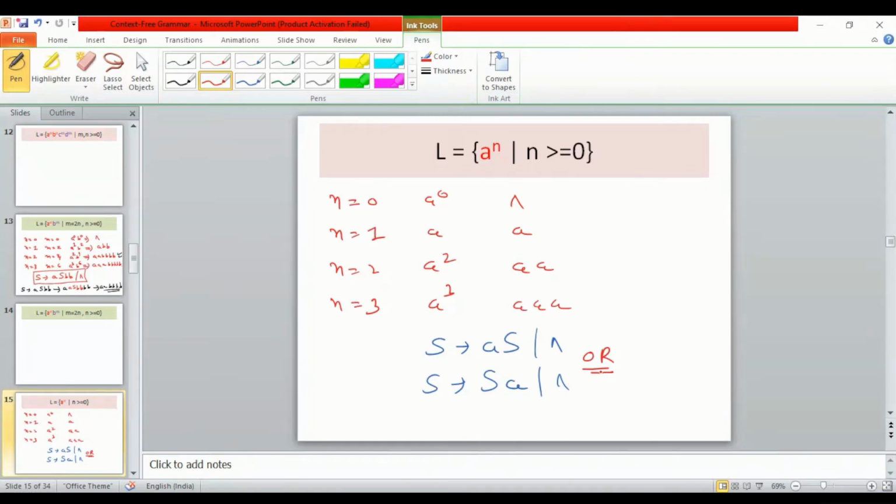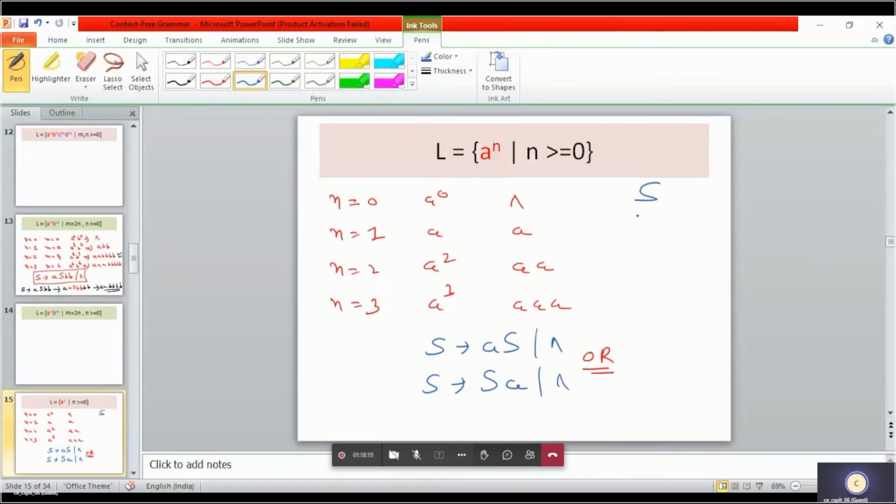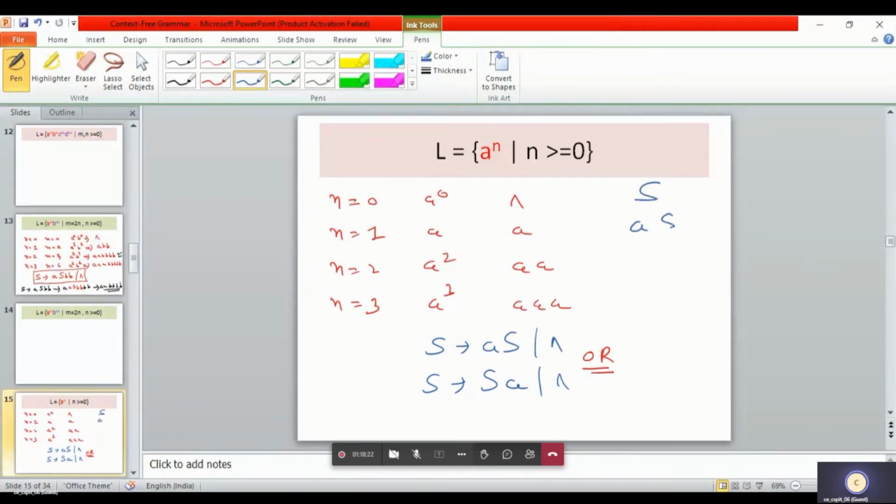Either we can write S gives AS or null, or you can write S gives SA or null, because both ways you can generate the pattern. So from S, we can write AS. Again, we'll replace S with AS. And finally, we'll replace this S with null to get A square.